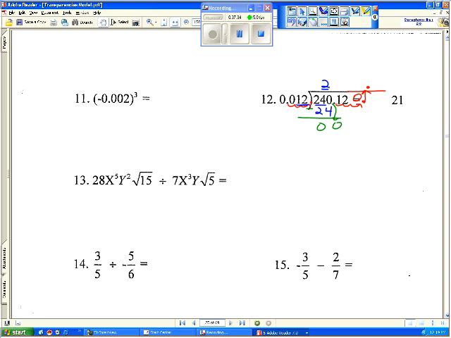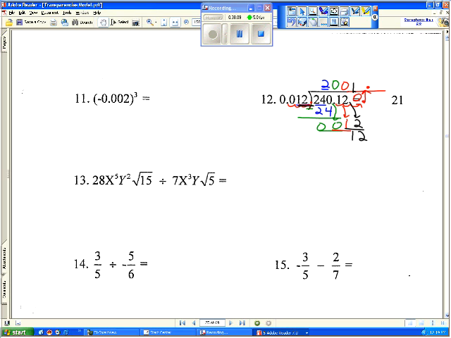How many times will 12 go into 0? So we have to put a 0 as a placeholder, and then we bring down the next number, 1. So then we say how many times will 12 go into 1? 0. And that 0 is above the 1. And then we bring down the next number, 2. And then we say how many times will 12 go into 12? 1. And then we multiply. 1 times 12 is 12.